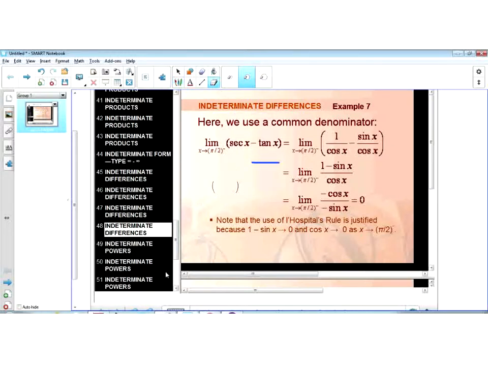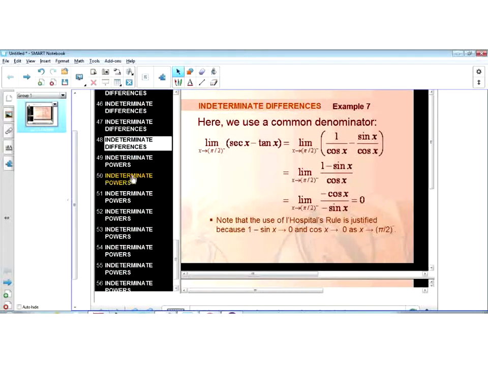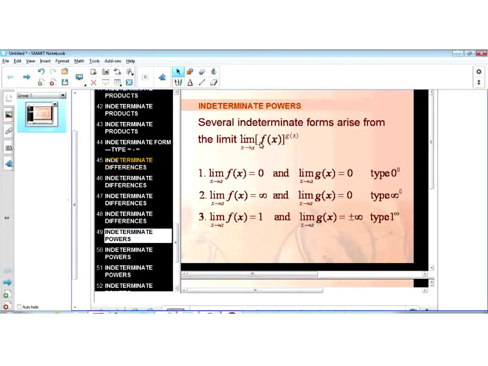So, differences: infinity minus infinity. And then, of course, we have what are called indeterminate powers. So maybe you're asked to find the limit as x approaches a of a function raised to the power of another function. You have 3 different cases in general. It could be that f resolves to 0 and g resolves to 0.